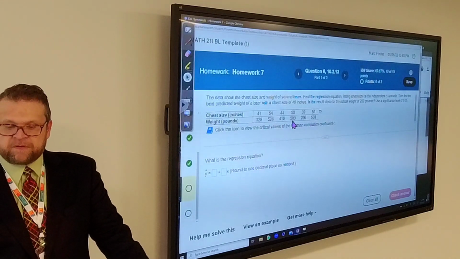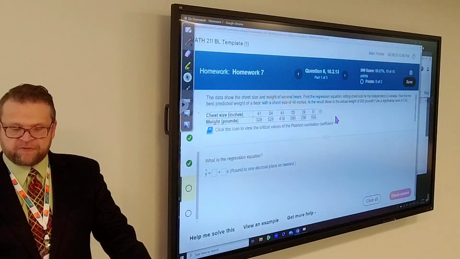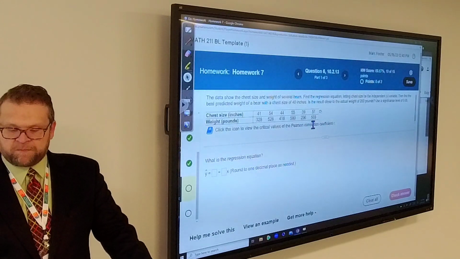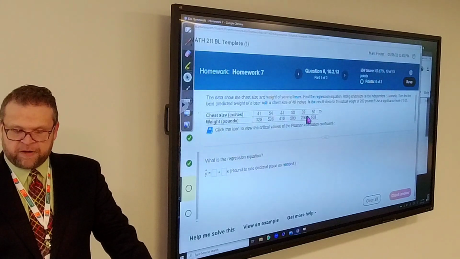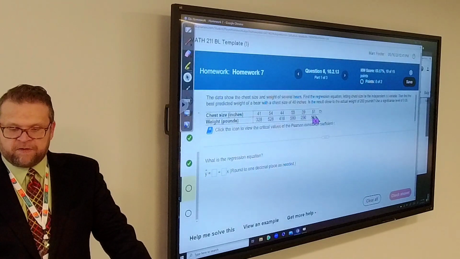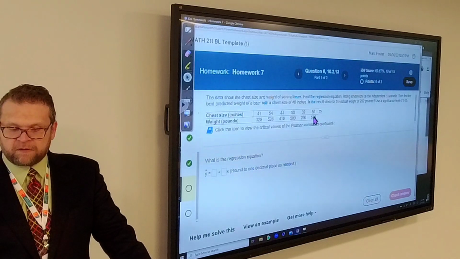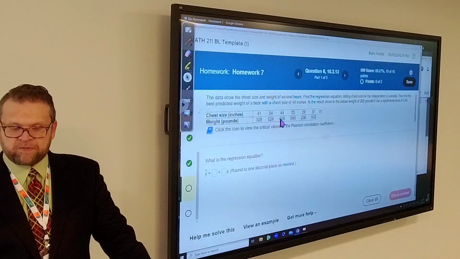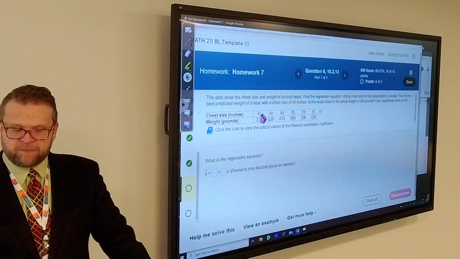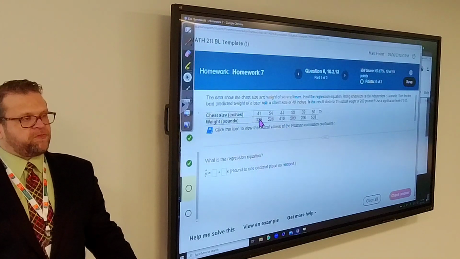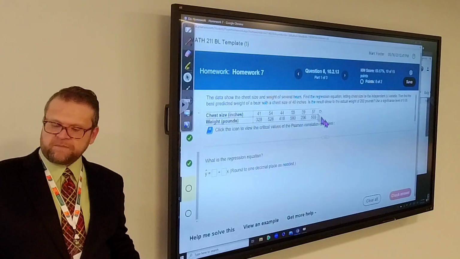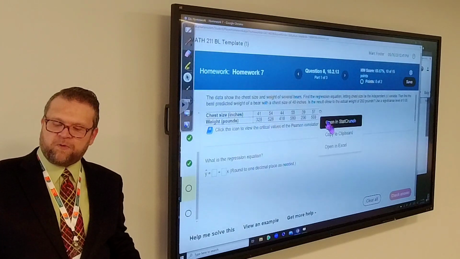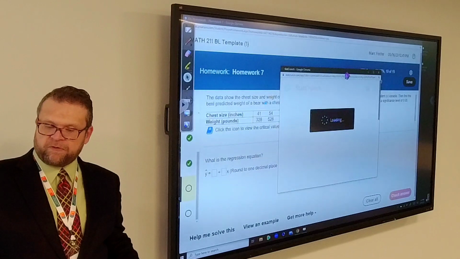Here we have bears. Their weight and their chest size. So naturally, run into a big bear, has a huge chest, it's probably going to weigh 500 pounds, 528 pounds. But if the bear has a smaller chest, 41 inches, it's only a 300-pound bear. Okay? Open the data in StatCrunch.